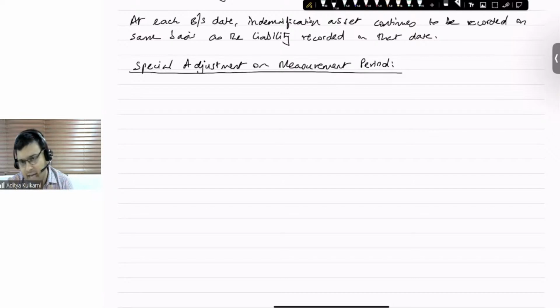The reason being, I will cover quite a number of problems in consolidation. Consolidation will be only problem solving, not great number of notes that we will be writing. So there I hope I can cover a fair bit of problems, both from 103 and 110. Okay. So now coming to measurement period.